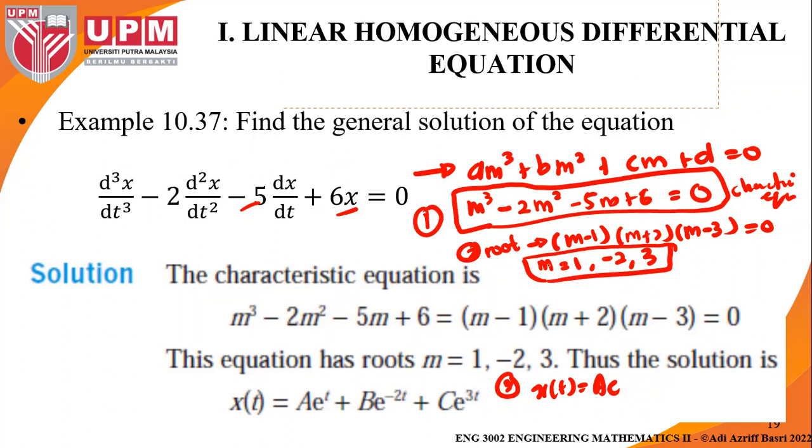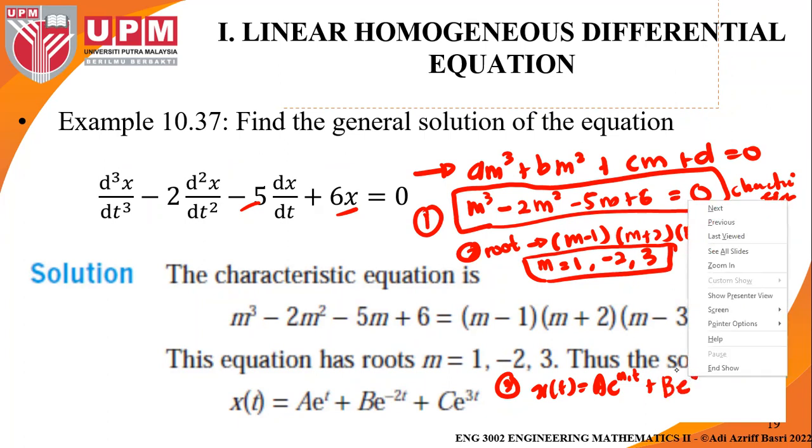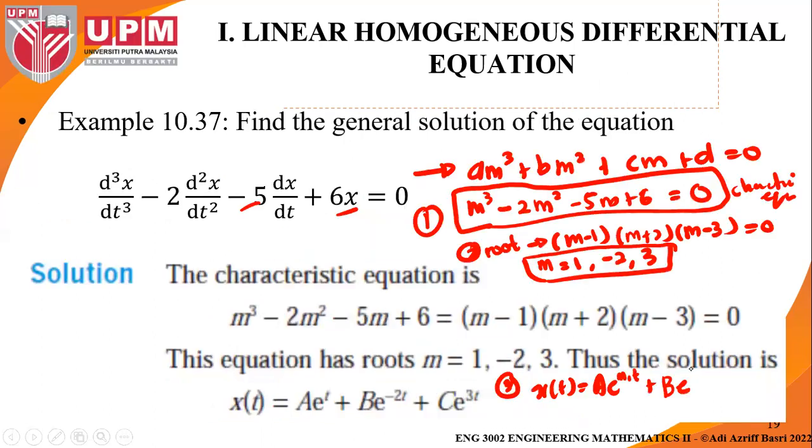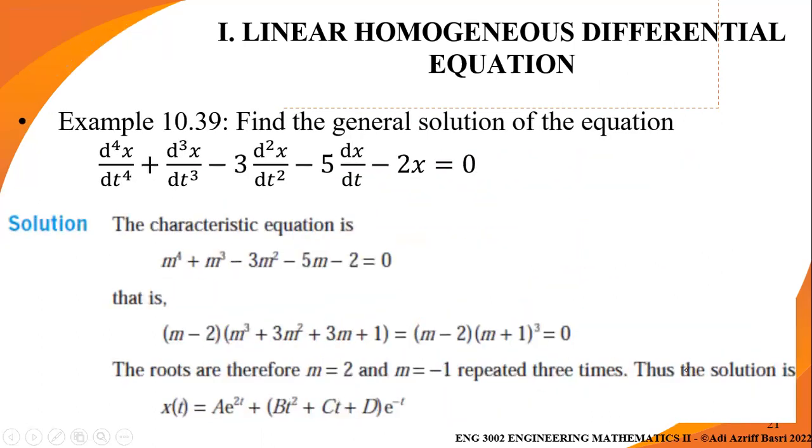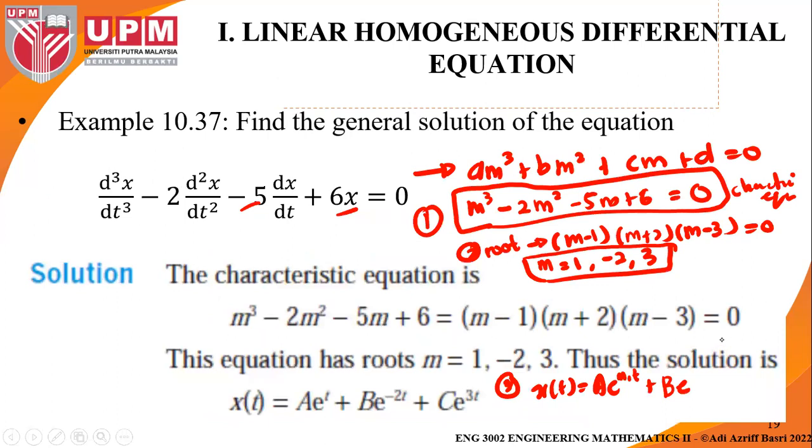The general equation we get is a exponent m1 t plus b exponent m2 t plus c exponent m3 t. So for this one, a is a constant.